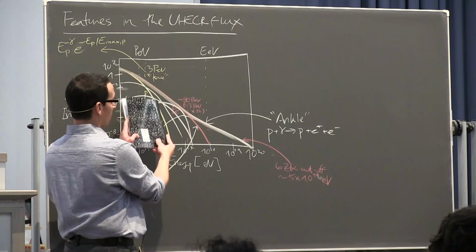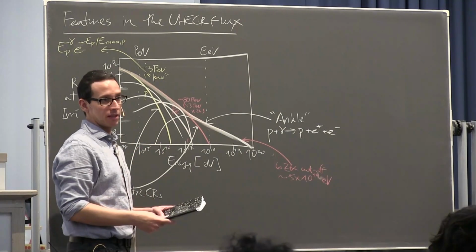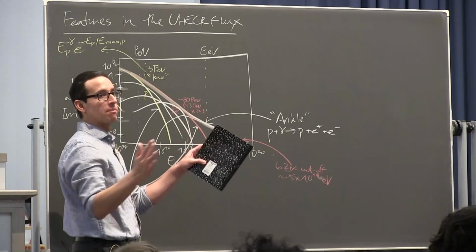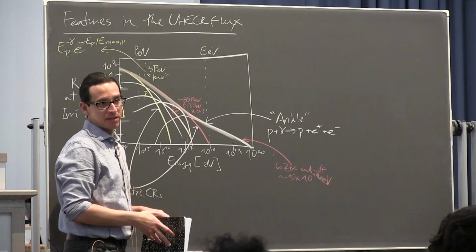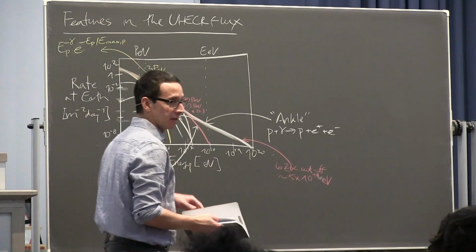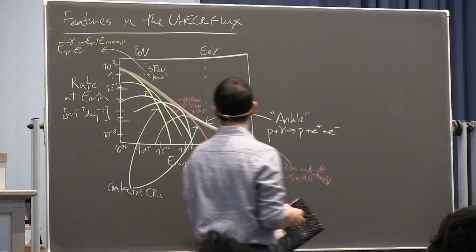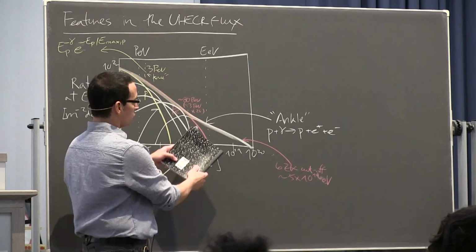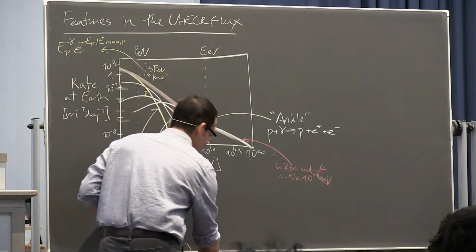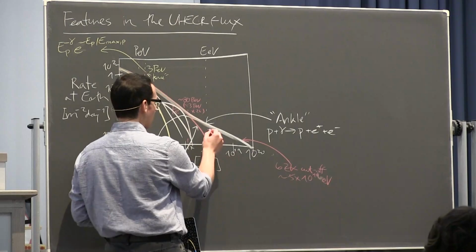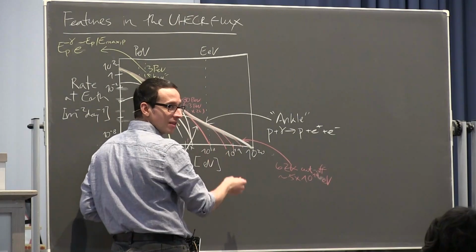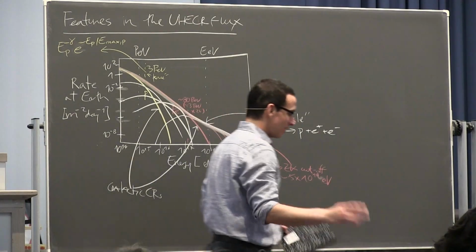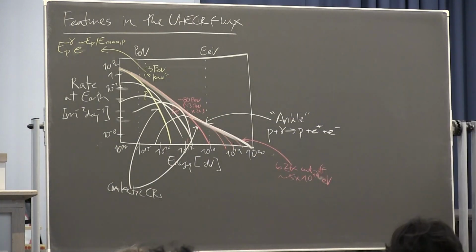But you're absolutely right, there are many knees, we just don't have the resolution to look at them. So we look at the ones that are further apart, where there's a better chance of telling them apart. Yeah, but they should be there. In fact, if you think about it a bit more, there's a GZK cutoff for every species here as well. So yeah, this is a simplified picture.